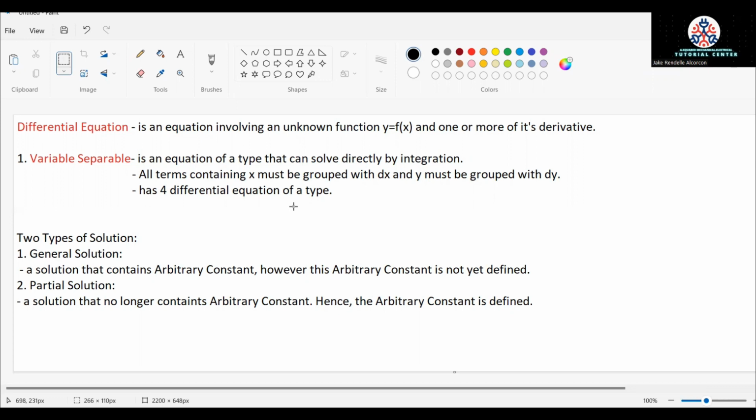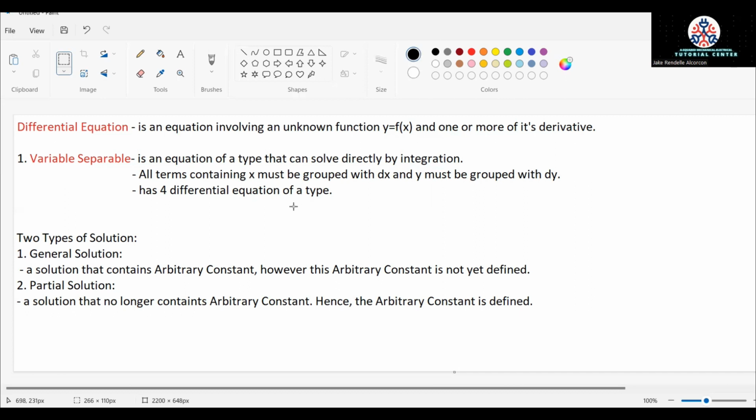Then c is called the arbitrary constant. If the value of c is not yet defined, it is called a general solution. A solution that no longer contains an arbitrary constant is called a particular solution because the constant is defined, meaning c has a value.